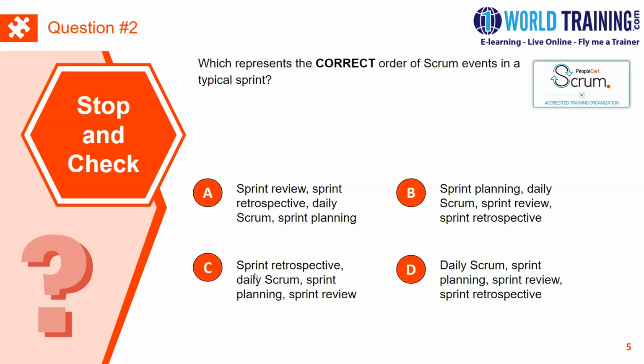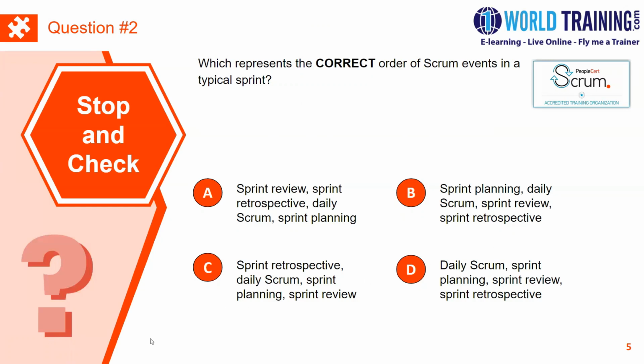Option C, the sprint retrospective, daily scrum, sprint planning and sprint review. And option D is daily scrum, sprint planning, sprint review and sprint retrospective. It's a very simple question because we have already gone through this as part of the e-learning module.